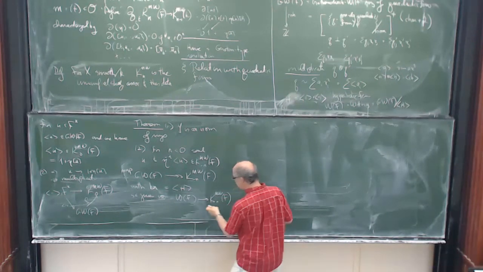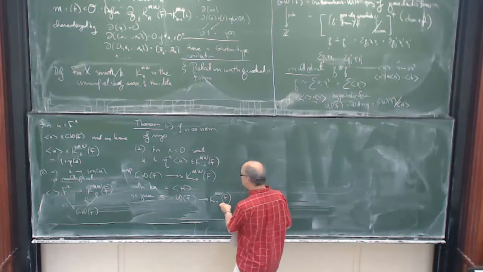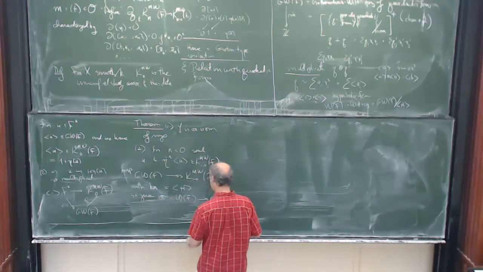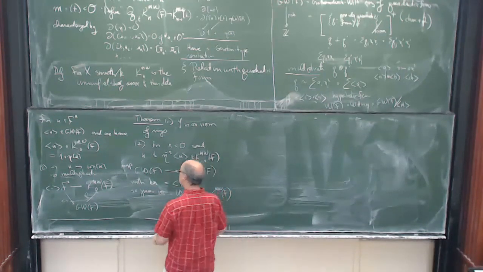So it's actually an isomorphism of GW modules, right? This becomes a GW module via the multiplication from K0 and this homomorphism, and this by the ring surjection. So I'll just say isomorphism.